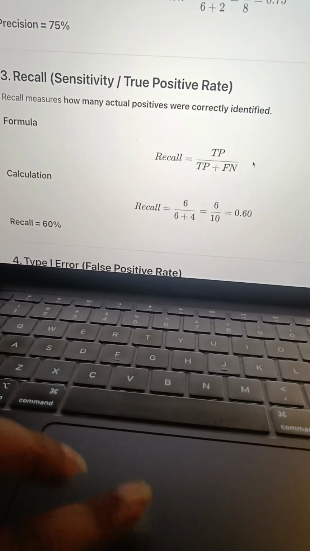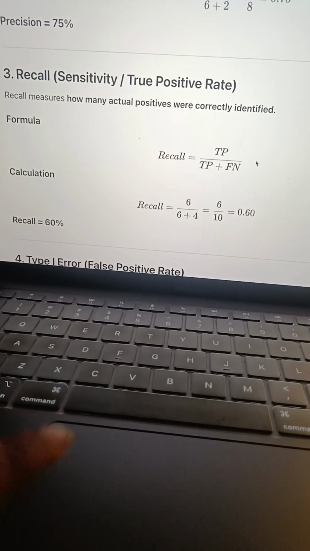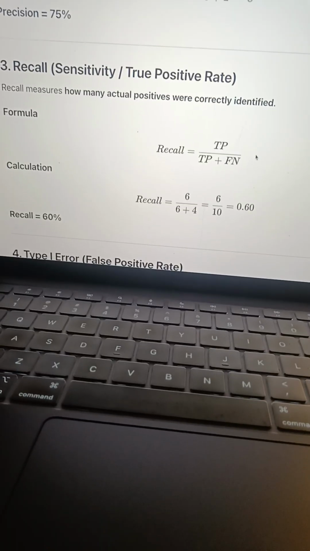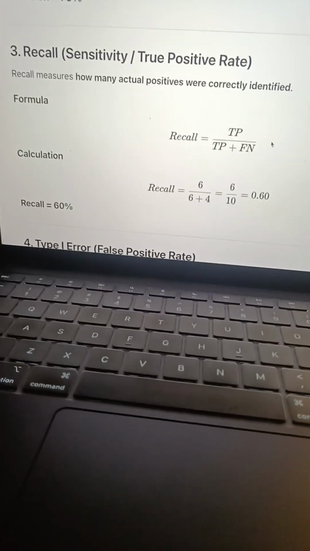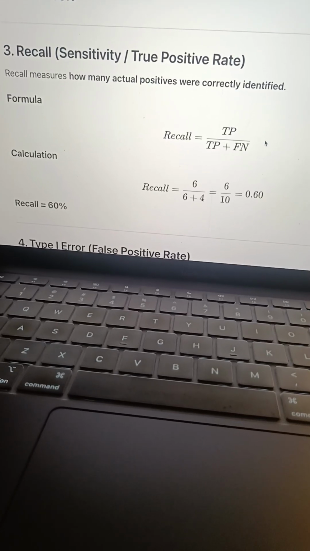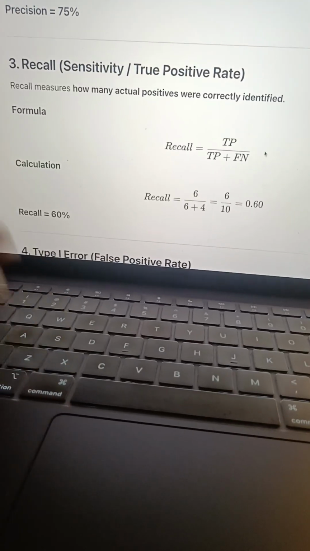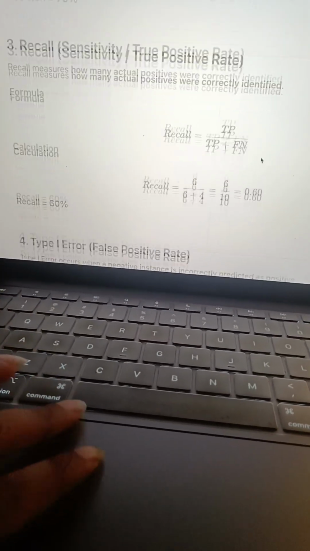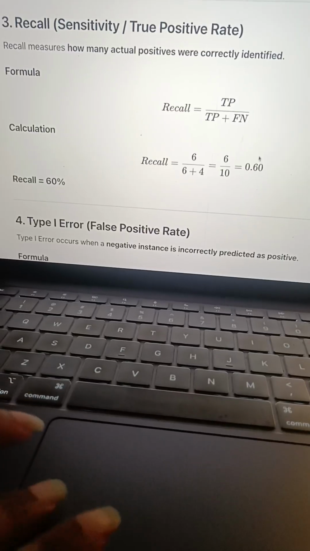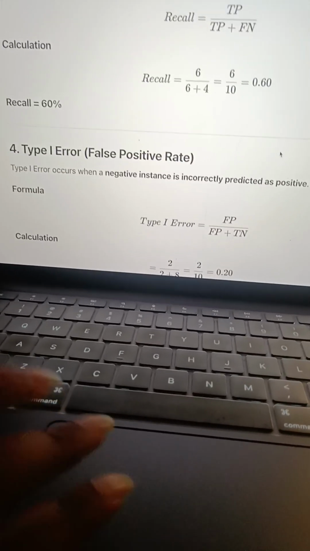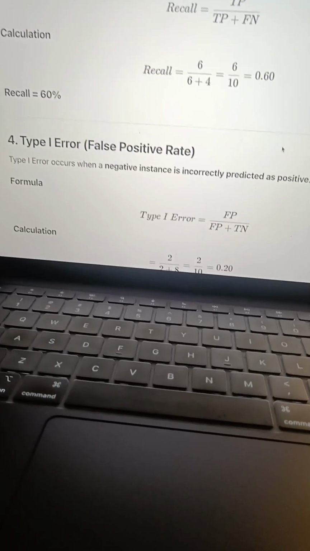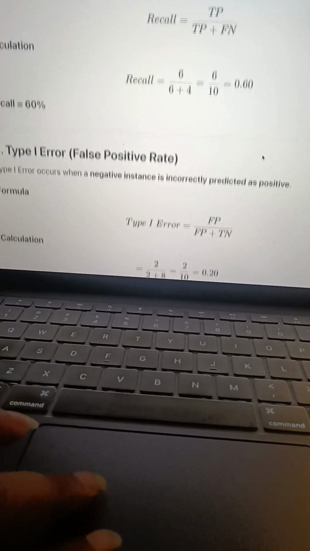Talking about recall, also called sensitivity or true positive rate, it is the actual positives that were correctly identified, which here is 60%.